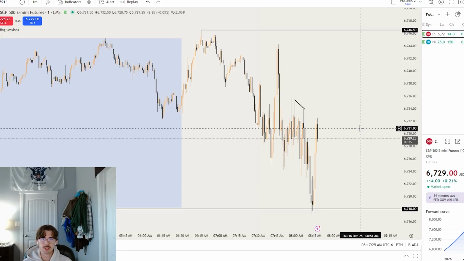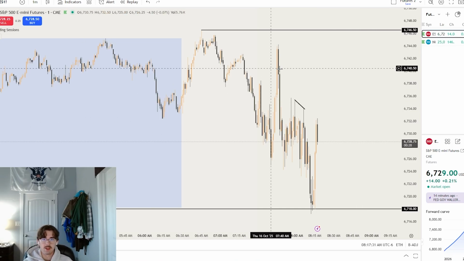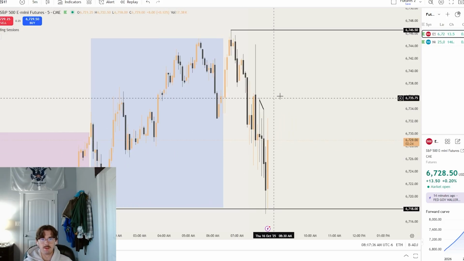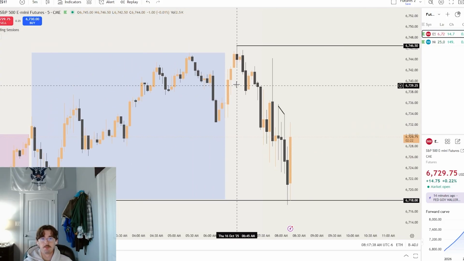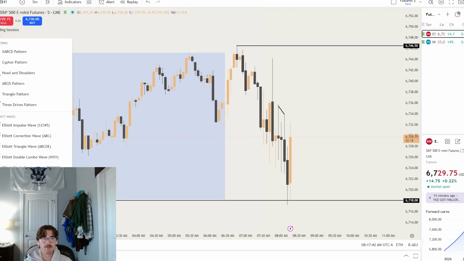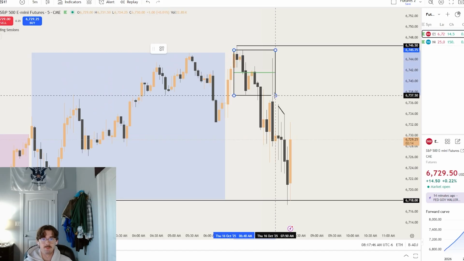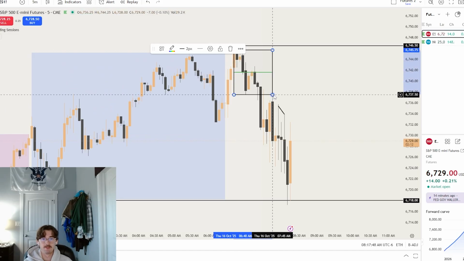I really wish I would have, I don't know. Entry on ES would have been way better today. And what's super funny, this right here, the 5-minute move that happened in pre-market, funny enough.